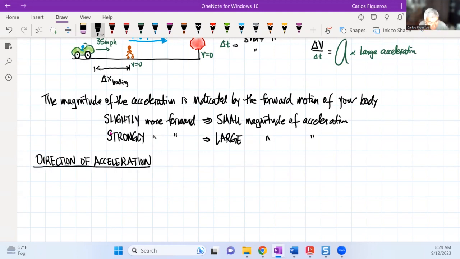Once again, we use your body to determine the direction of the acceleration. And here's what we know.